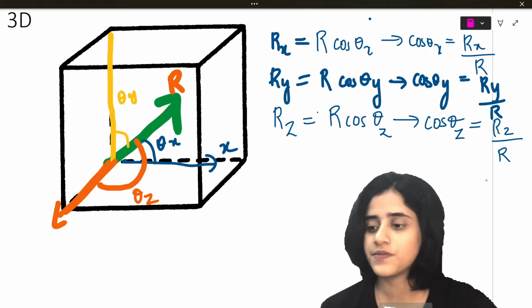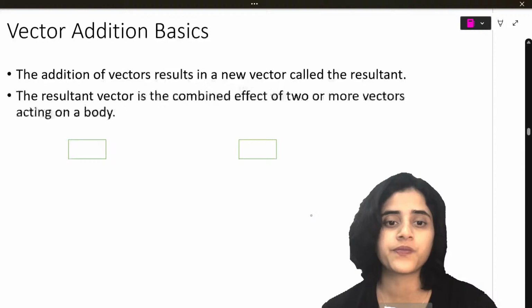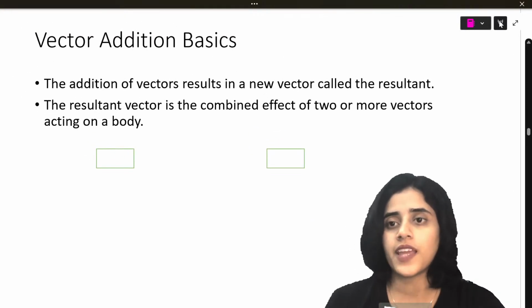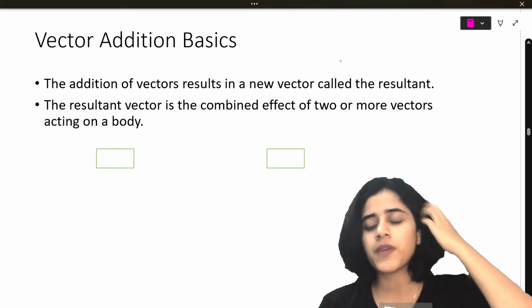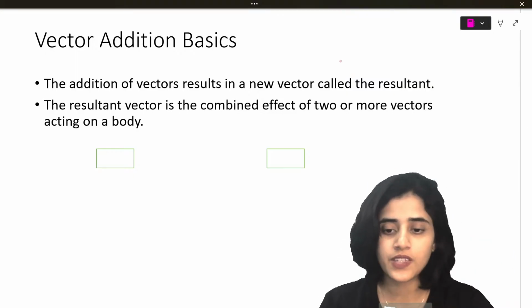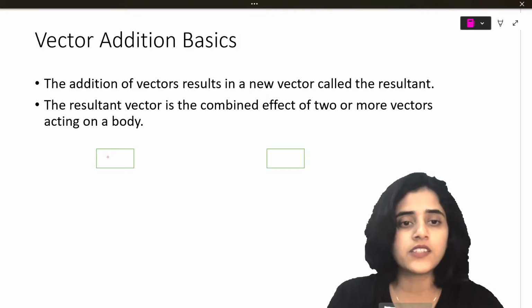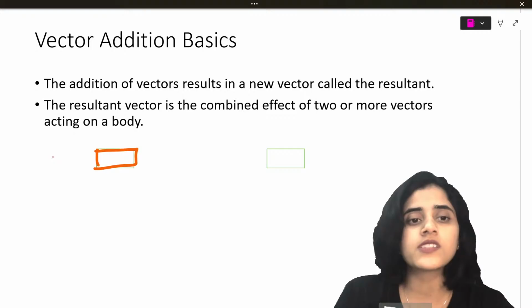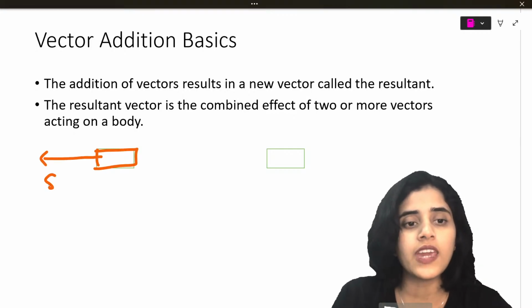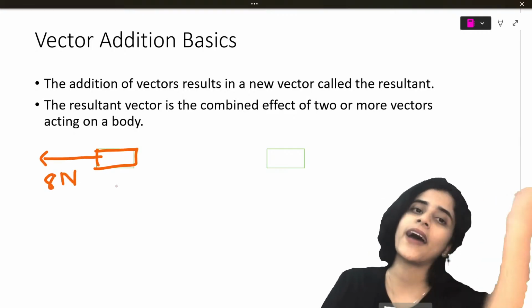Is it clear? Yes. Okay. Next, some basics of vector addition. First thing, imagine this is a box. This is a car. So this car has a force of 8 Newton backward.